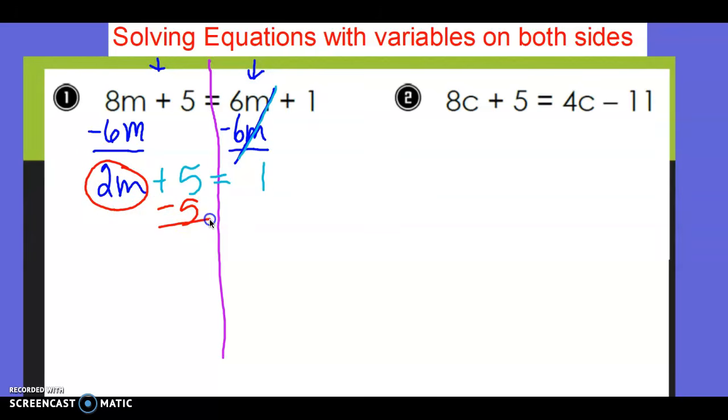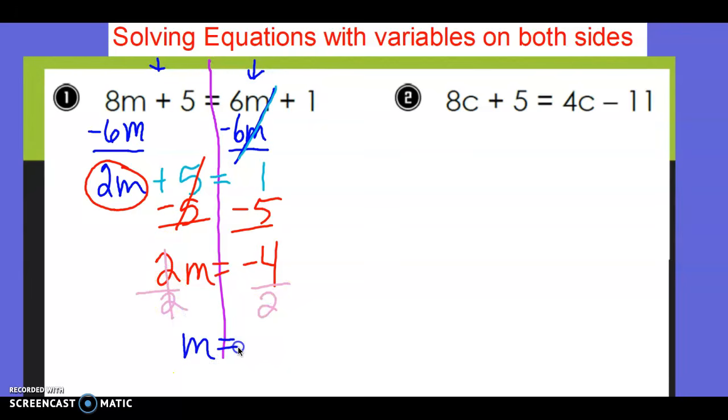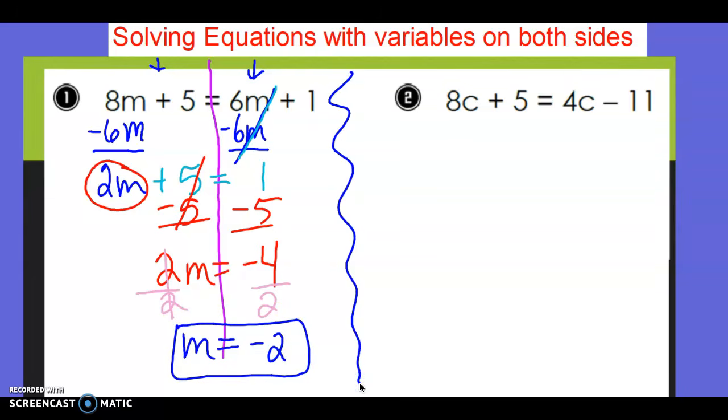So I could subtract 5 from both sides. These cancel, and I have 2m equals a negative 4. Finally, my next step would be to divide by 2. These give me 1m, which is just m, and negative 4 divided by 2 would be negative 2. So that's how I can solve an equation with variables on both sides.